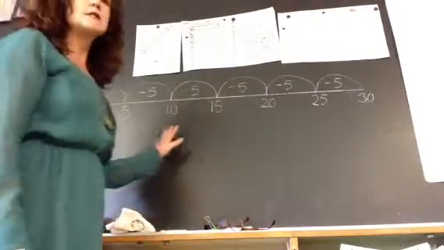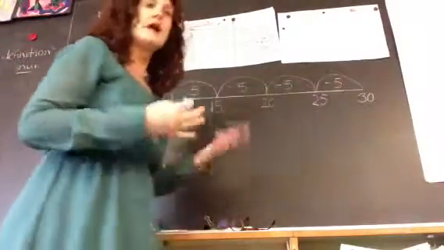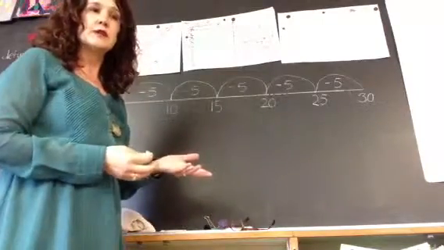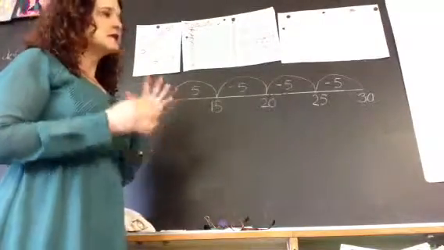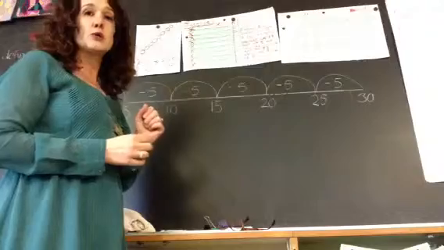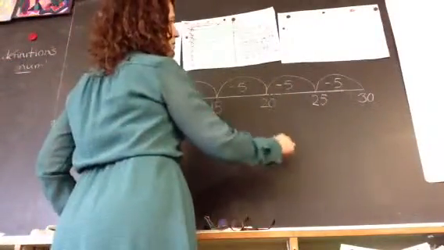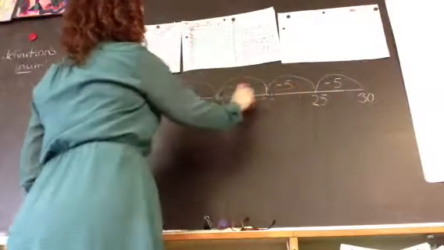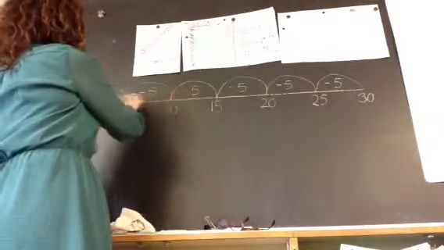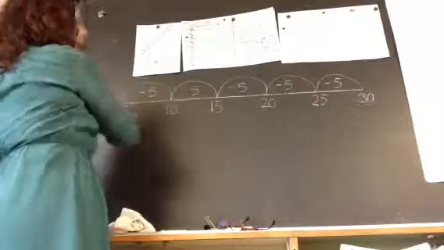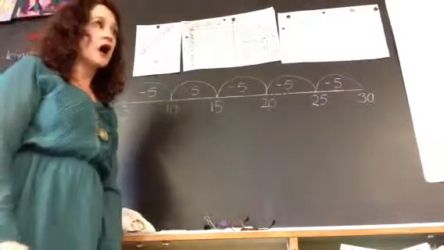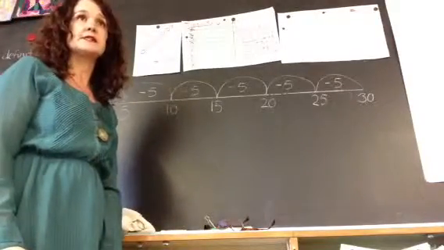So now I know 5 multiplied by 6 equals 30. But I also need to know how many groups I'm making. So I'm going to count now how many groups I've made. 1, 2, 3, 4, 5, 6. I have made 6 groups of 5.